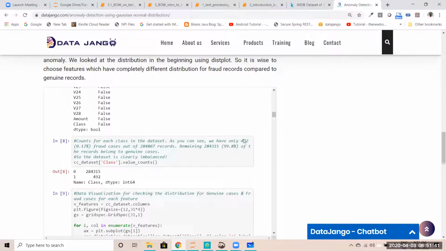Out of them, 492 are fraudulent transactions. The remaining 2,84,315 records are non-fraudulent records.